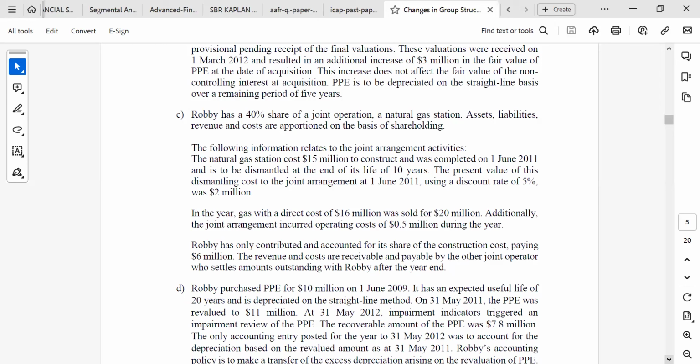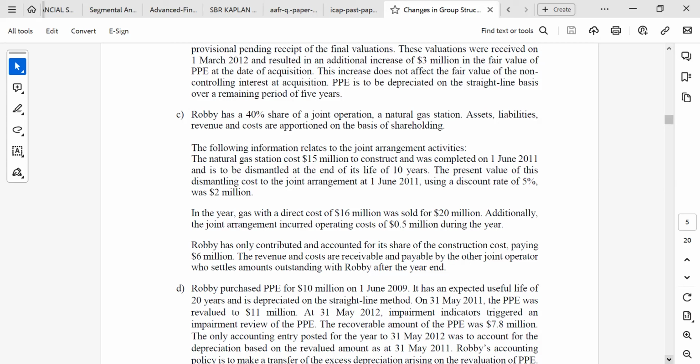Robbie has only contributed and accounted for its share of the construction cost, paying 6 million. The revenue and costs are receivable and payable by the other joint operator who settles the amount outstanding with Robbie after the year end.